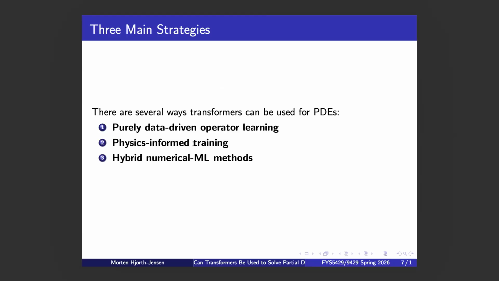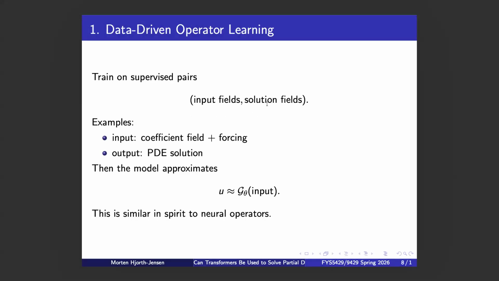There are several ways a transformer can be used for PDEs. Purely data-driven operator learning. You can do physics-informed training. And then you can also have some hybrid numerical machine learning methods. But there's a very nice link between the data-driven operator learning and physics-informed training. You train on supervised pairs, input fields and solution fields.